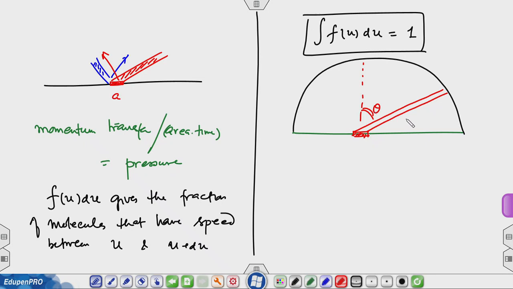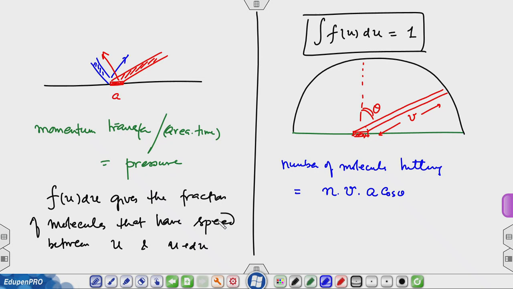Now, in per unit time, the molecules cover a distance v. So at this angle theta, in this area, the number of molecules hitting will be equal to the number density n, times v times A cosine theta, where A cosine theta is the projection of the area perpendicular to the direction of motion.